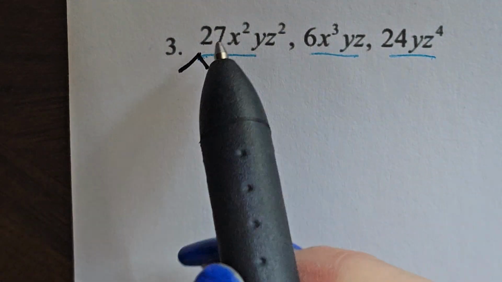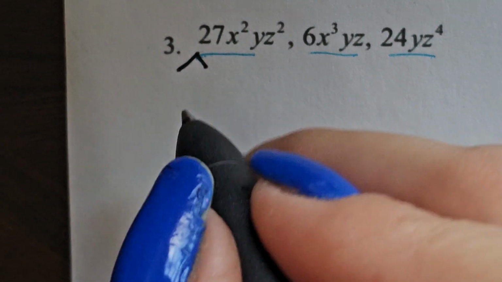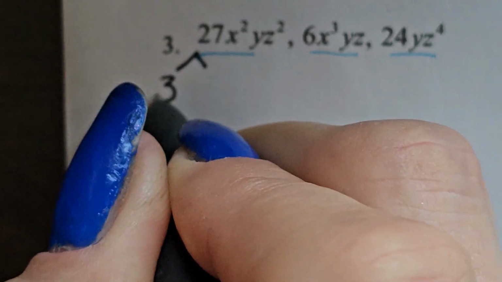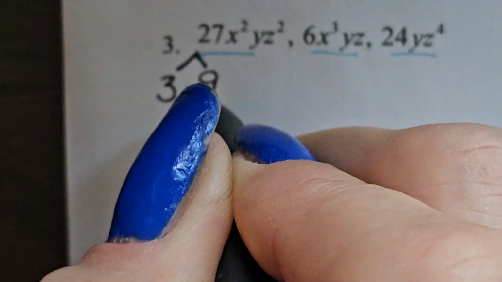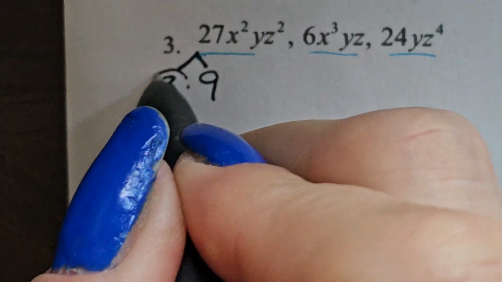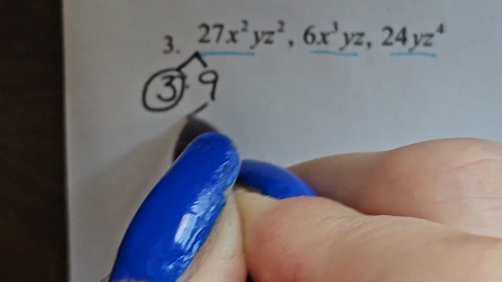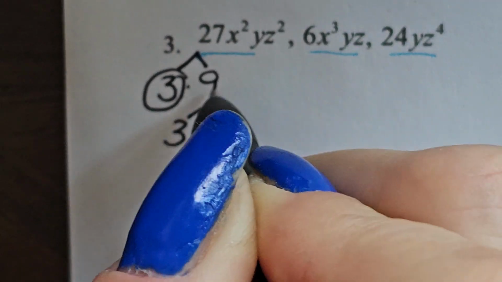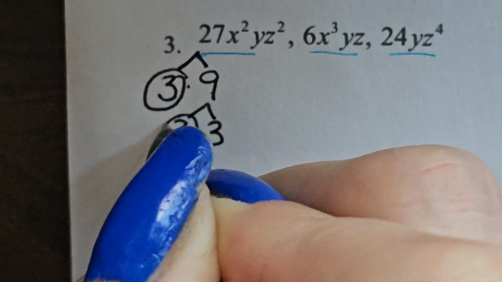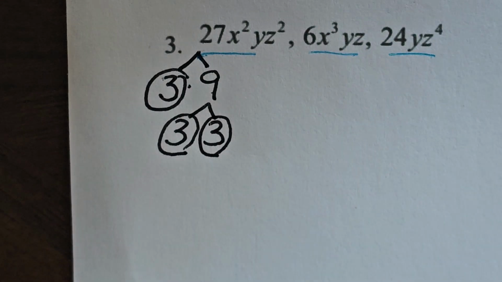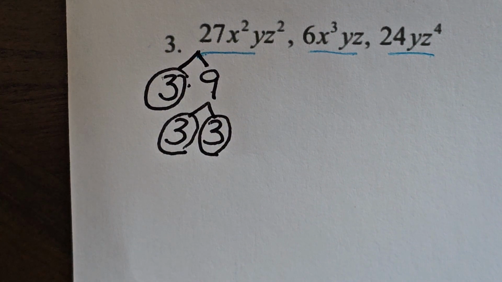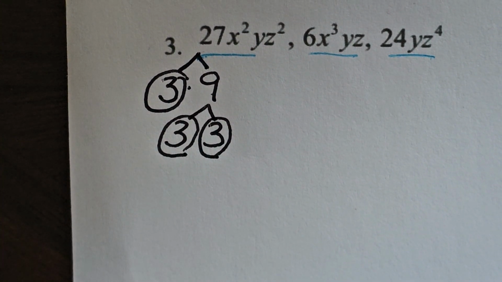So 2 will not divide into 27, but will 3? Yes. In fact, 3 times 9 is 27. 3 is prime, 9 is not. But we've already done this, and we know 9 breaks down into 3 times 3, which then finishes our problem, and we've got ourselves primes, okay?